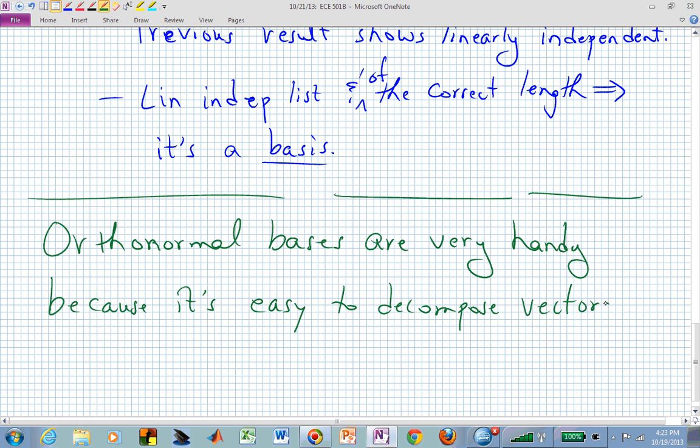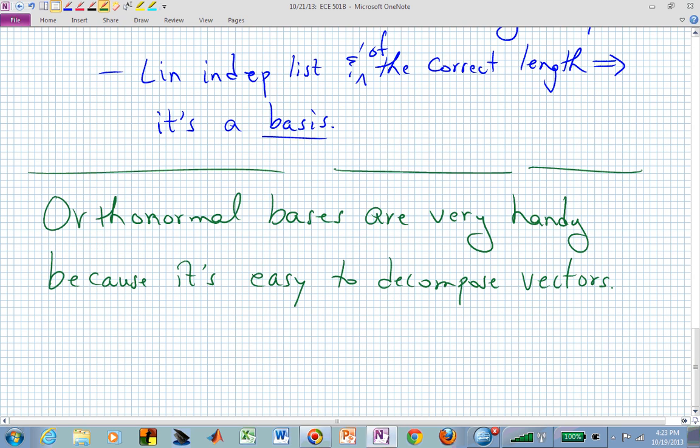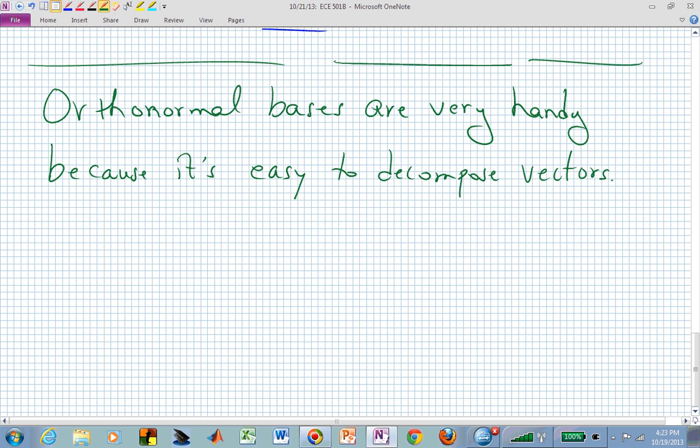Remember, these basis vectors are orthogonal, so if you look at each pair, they do not align. They're linearly independent of each other.